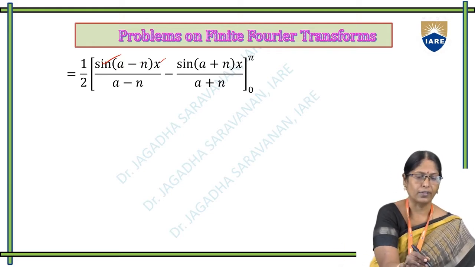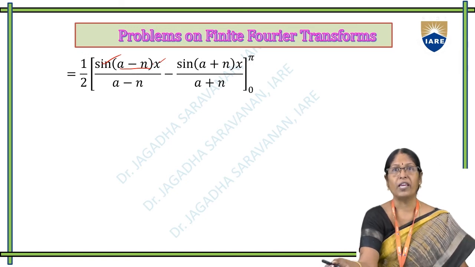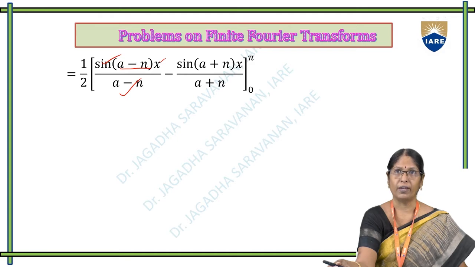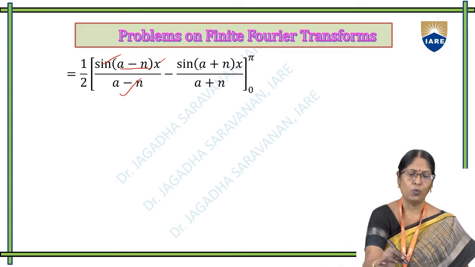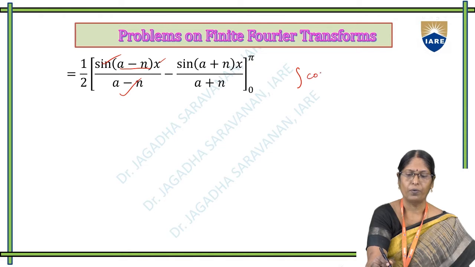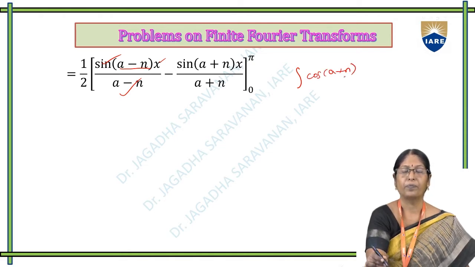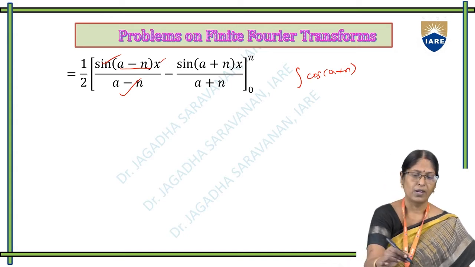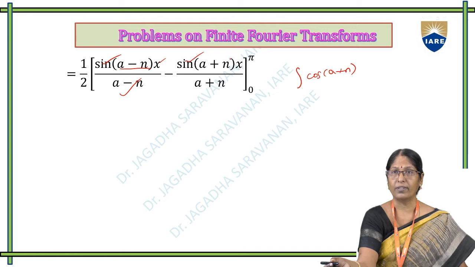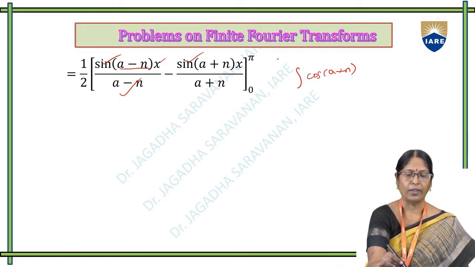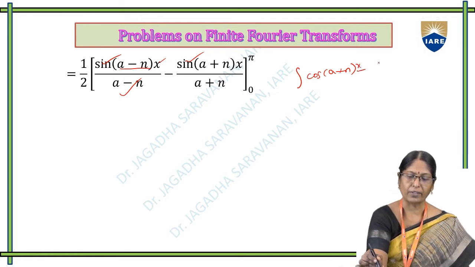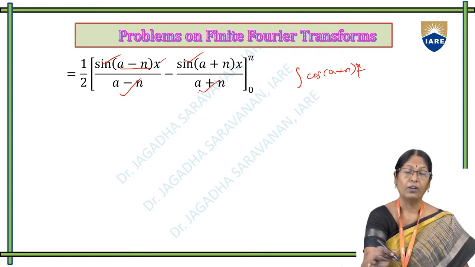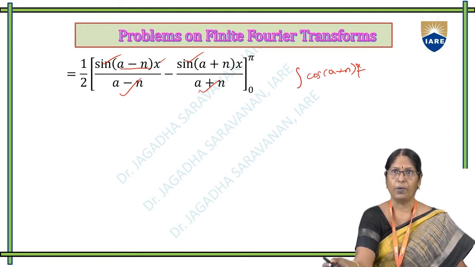The coefficient of x is nothing but a minus n, so it is written divided by (a minus n). Minus, for cos of (a plus n) dx, the integral is sin of (a plus n)x divided by the coefficient of x, leaving x, the remaining we put as the divisor.